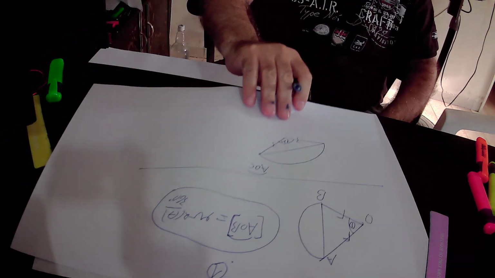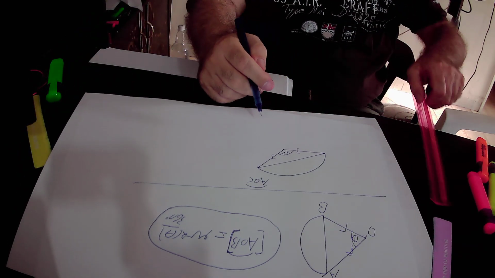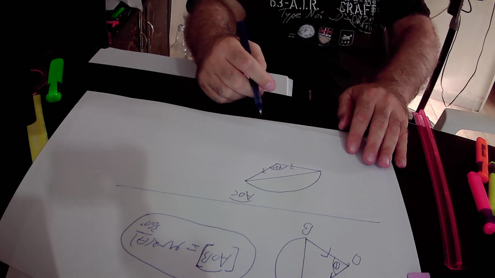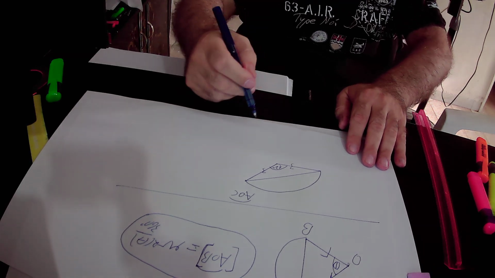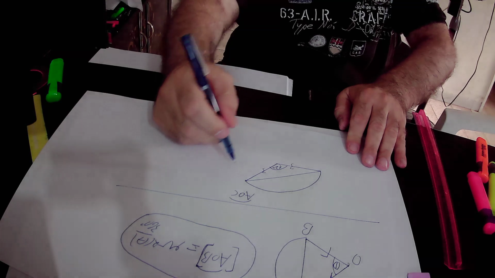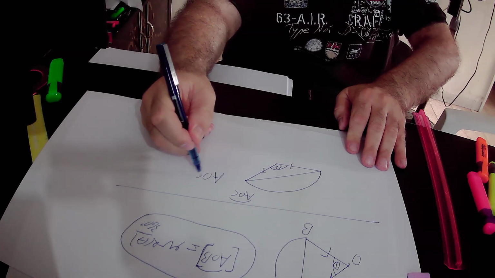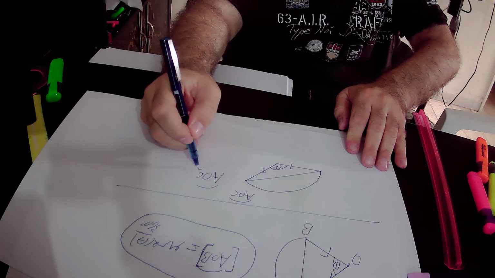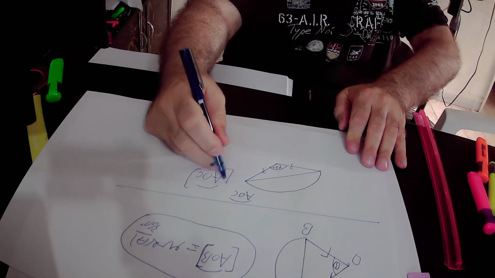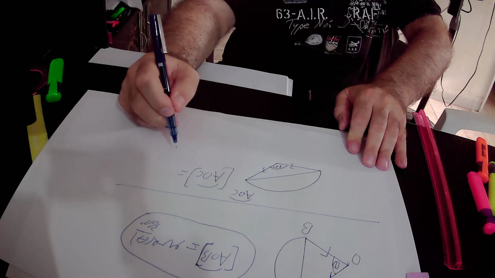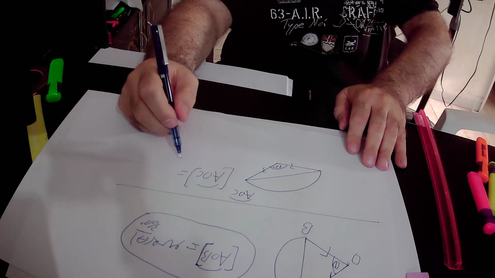So this is sector AOC that I copied from the original drawing. According to the new formula, the area of this sector, sector AOC, will be equal to pi r square.